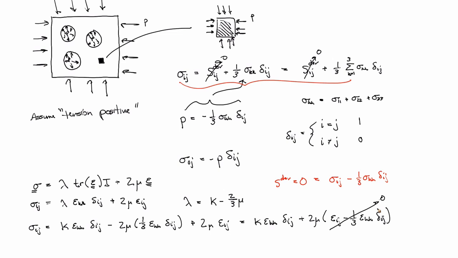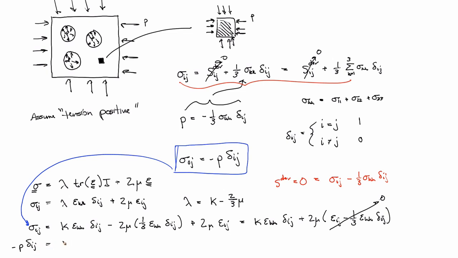So then I'm going to take this guy, plug it in there. So I have minus P delta ij is equal to K sigma kk delta ij.